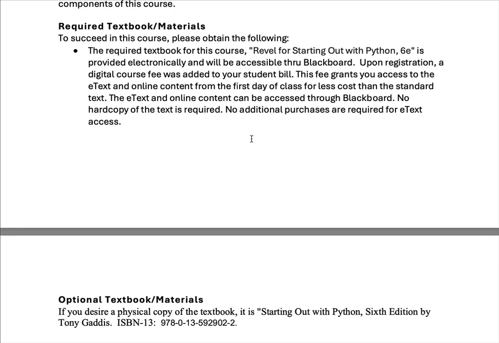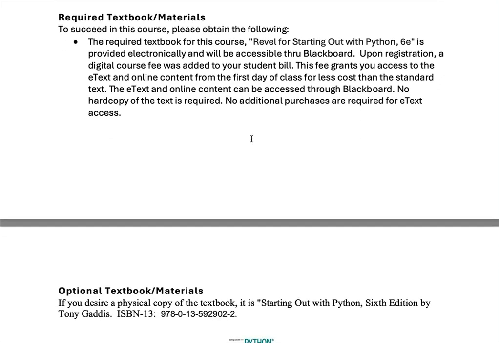Okay, as far as textbook, there is a course fee for this course, which means you've already paid for access to an electronic copy of Starting Out with Python 6th edition. That is provided by the publisher Pearson through a system they call Revel.